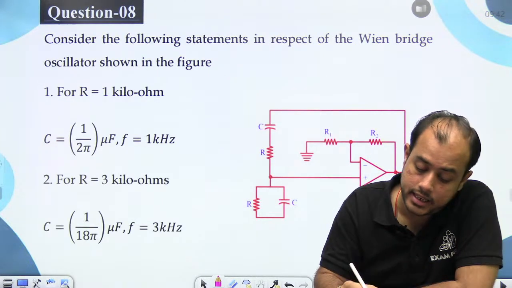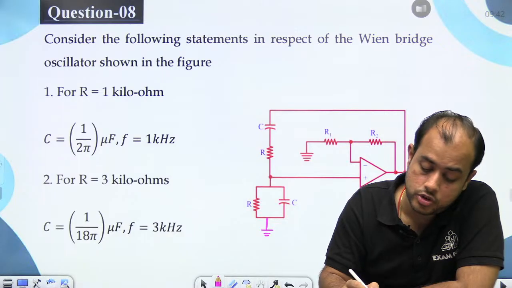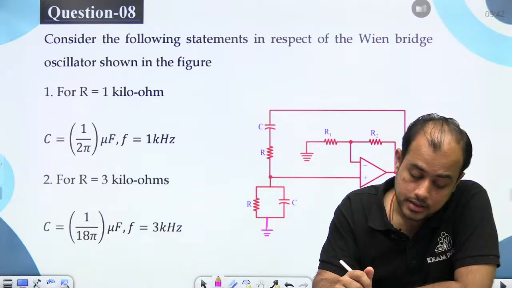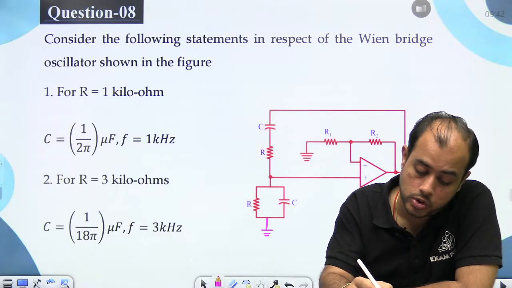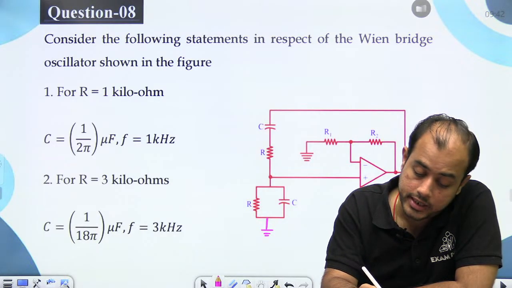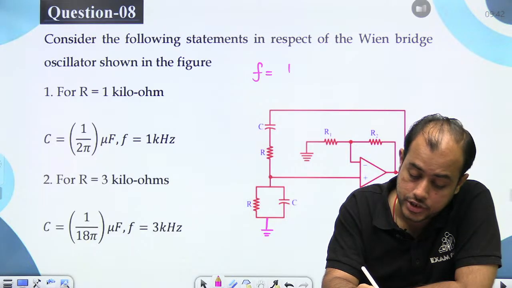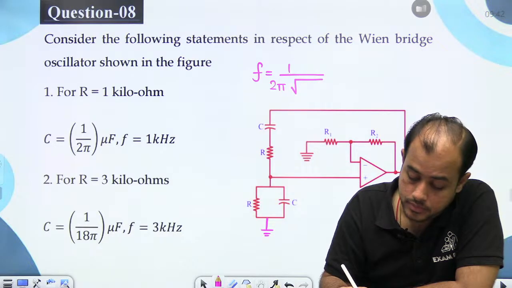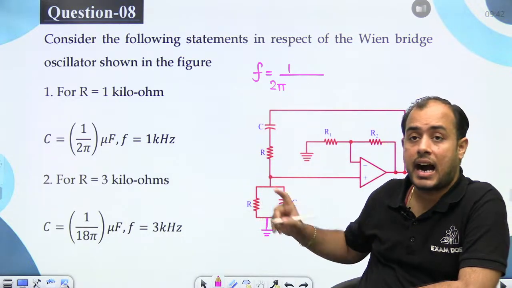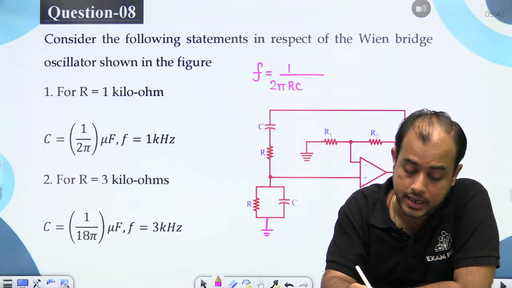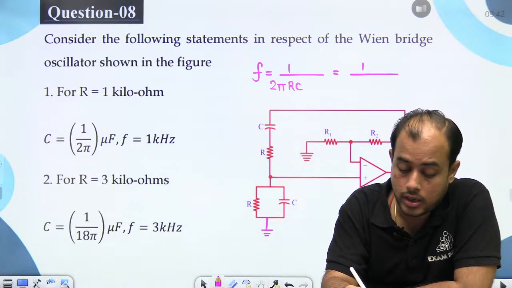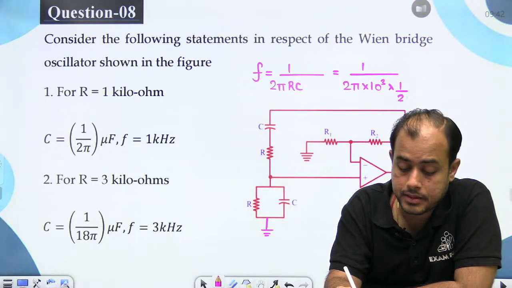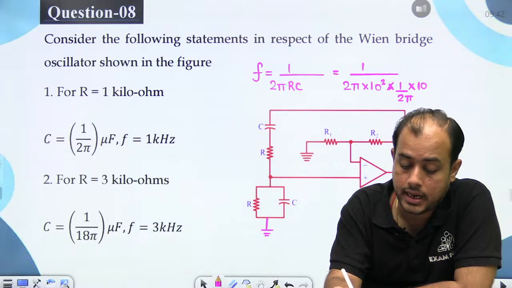Consider the following statements in regards to the Wien bridge oscillator. For R equal to 1, C equal to 1 by 2 pi. First of all, the frequency of oscillation is 1 by 2 pi RC, because the R and C values in series and parallel are the same.